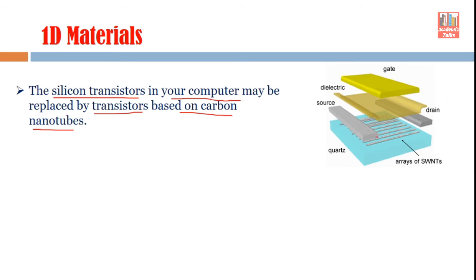You can see here on this substrate several nanotubes placed, and these nanotubes are going to work as the conducting channel. There is a drain portion, there is a source portion, and then there is a dielectric shown here, and over this dielectric there is a gate. So these nanowires are going to be used as an active part of a MOSFET device.